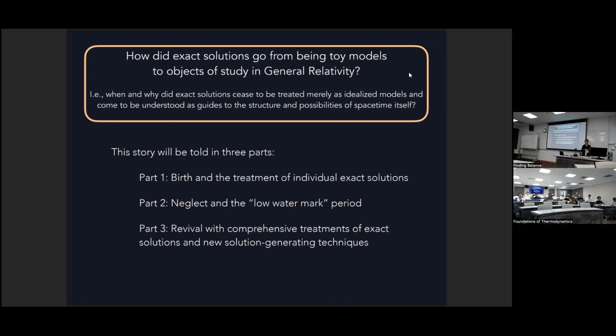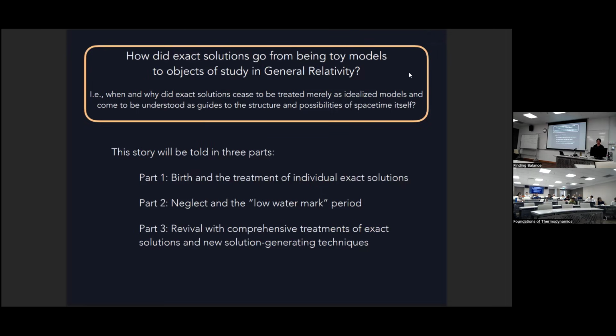I'm going to tell the story in 3 parts. Part 1 is the birth and treatment of individual exact models. Part 2 is a time period where there's a neglect of general relativity as a whole, what has been dubbed the low watermark period by real bona fide historians, so we'll talk about that briefly.